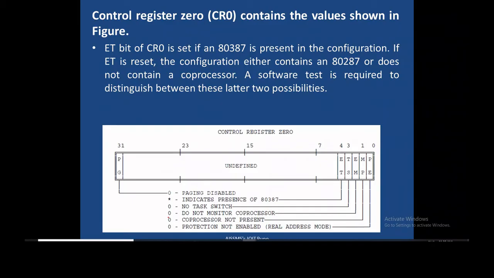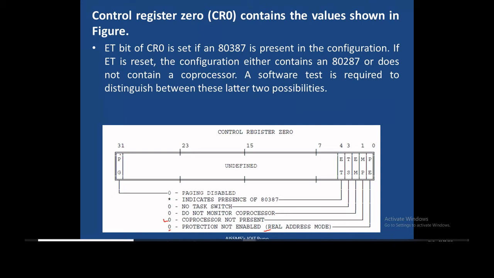If it is 0, it indicates that the coprocessor is not present. The last bit is the PE bit, protection enable or not enable. If it is 0, it means the processor is in real addressing mode. That means when we start our 80386 processor, it starts in real addressing mode.